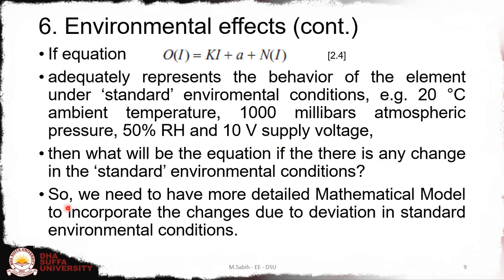In that case, this equation is not able to capture any of the changes in the environment. There is no entry for the relationship of the output with respect to this. So we need a more detailed mathematical model to incorporate the changes due to the deviation in standard environmental conditions.